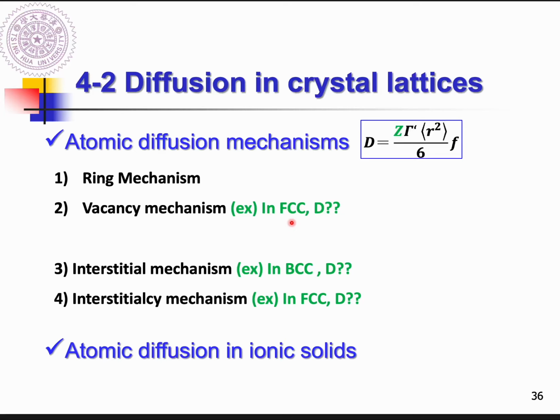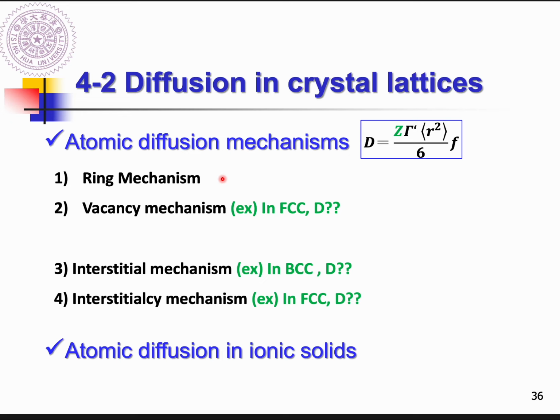Okay, so I'm going to give you a summary for different types of atomic diffusion mechanisms we showed you in the previous slide. Regarding the ring mechanism, the host atom exchanges location with surrounding atoms simultaneously, right?